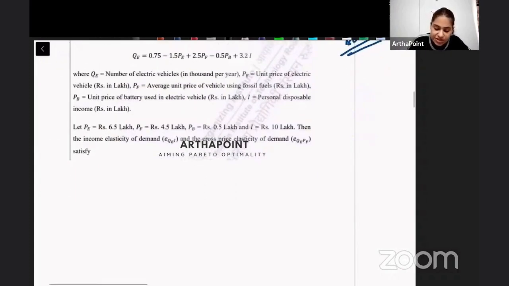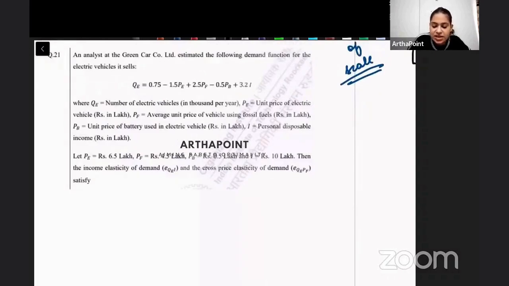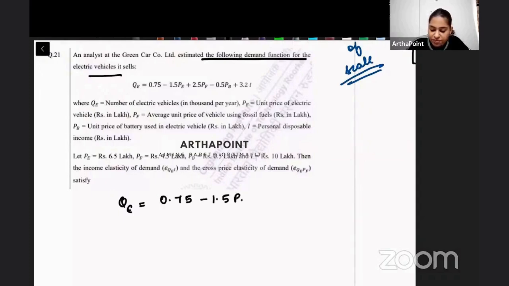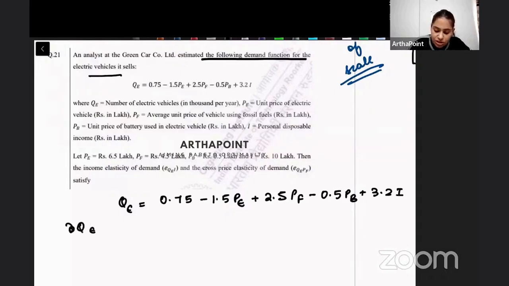It says that an analyst estimated the following demand function for electric vehicles: QE is equal to 0.75 minus 1.5 PE plus 2.5 PF minus 0.5 PB plus 3.2 I. Let us find del QE by del PE.